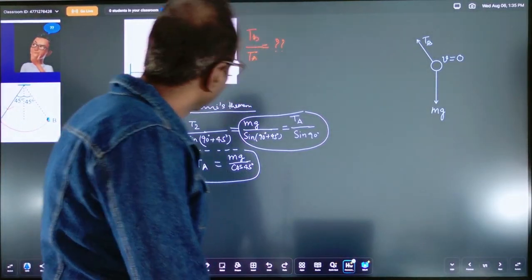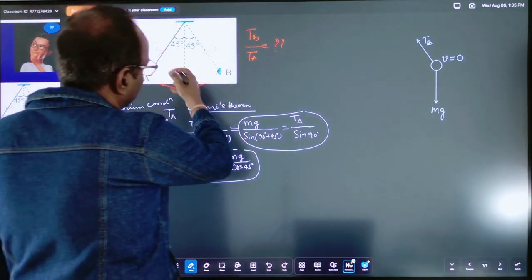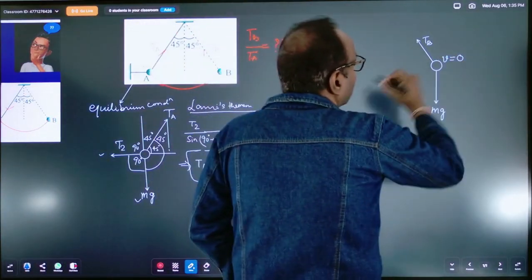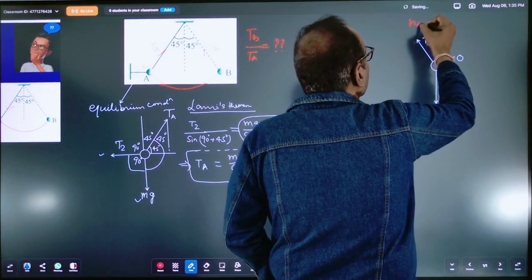So your motion will keep continuing. But at B, it is not in equilibrium.